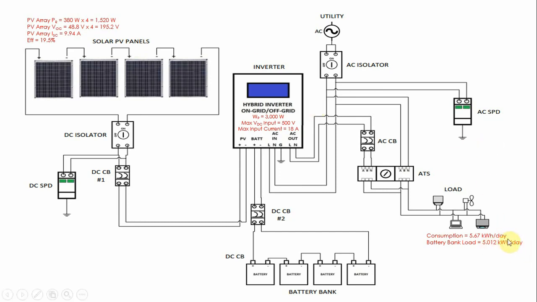So in order for our battery bank to supply power to this amount of load, we need around 4 pieces of 12 volt battery rated at 250 ampere hour each. And the next step is to compute for the circuit breakers.